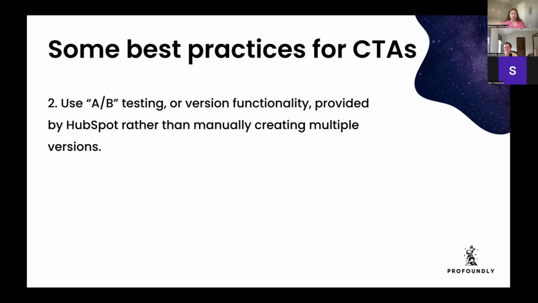So number two, when you are doing some testing, so maybe let's say you want to test images against another, or you want to test pop-up versus embed, or pop-up based on certain triggers, you should use the A/B testing tool rather than creating multiple versions of the CTA. Now, HubSpot does allow you to create multiple versions of a CTA, so I have to be careful with my wording.